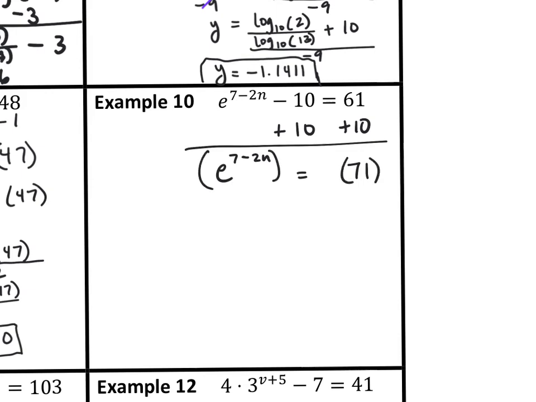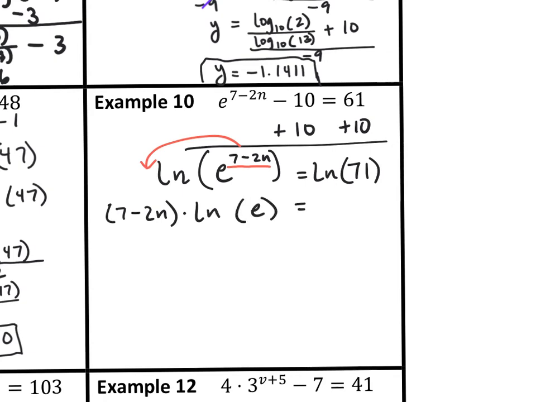So I'm going to put both sides in parentheses, and I'm going to take the natural log of both sides, because we have a base of e, so we're going to use ln and ln.